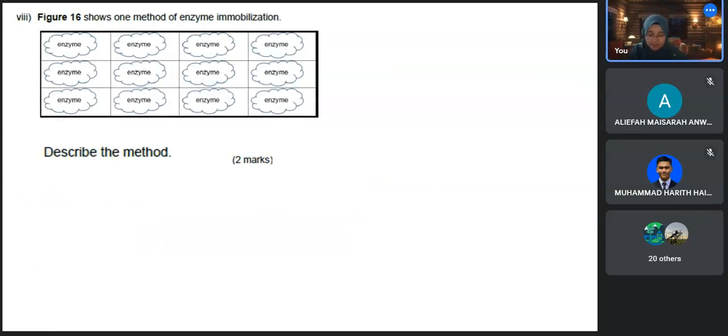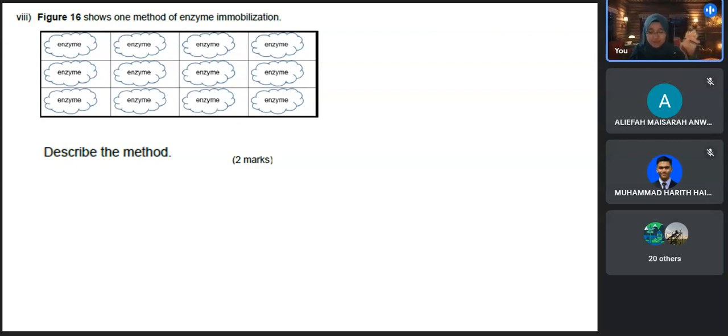So, okay. The next question, figure 16 shows a method of enzyme immobilization. So, describe the method. Kalau tengok dia adalah jenis apa ni? Entrapment. Okay. So, enzyme is trapped in a 3D lattice. First point.